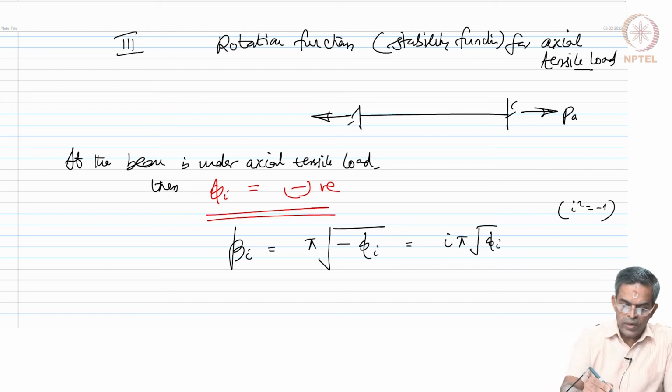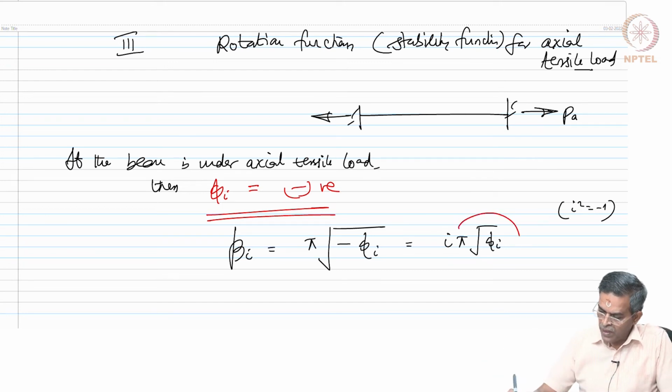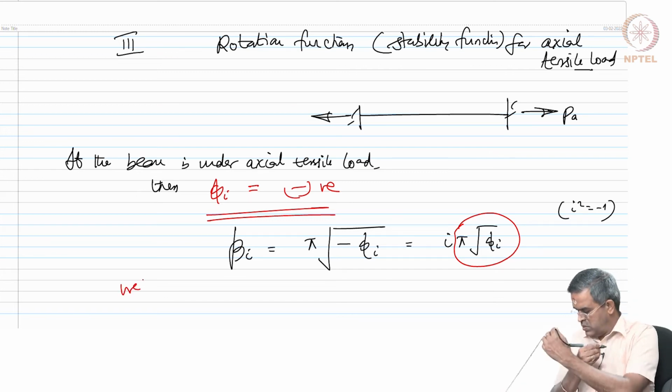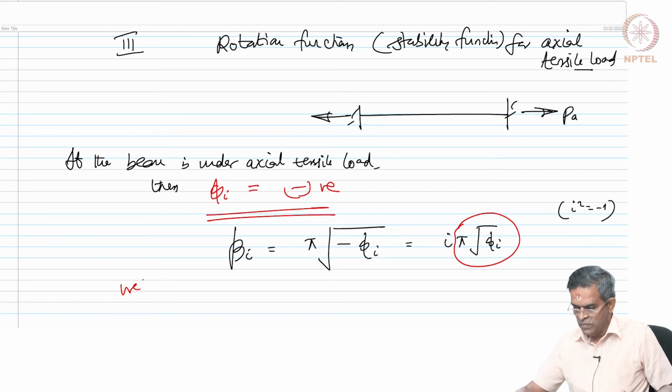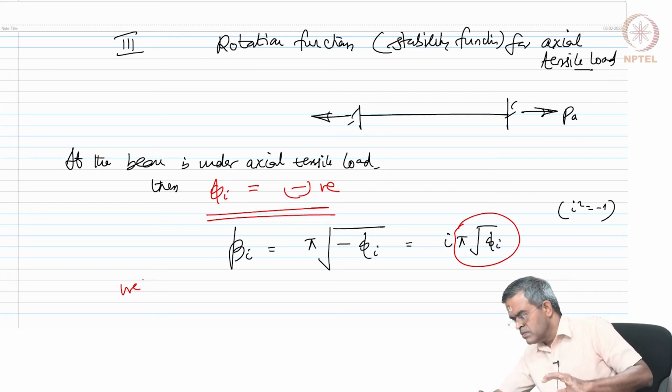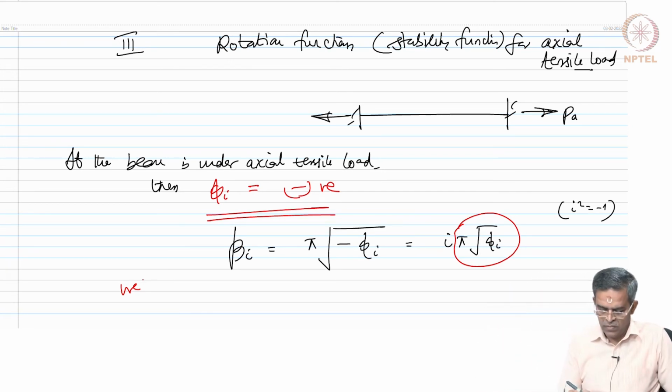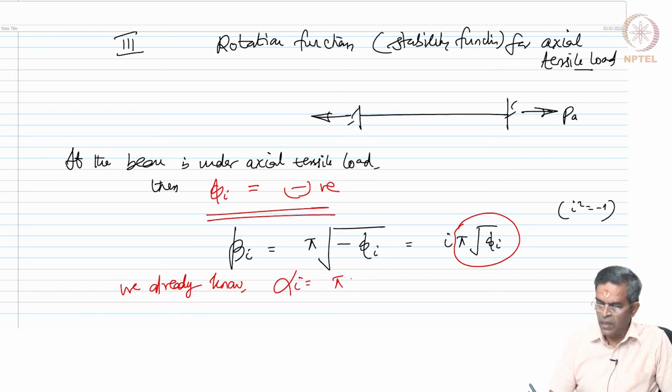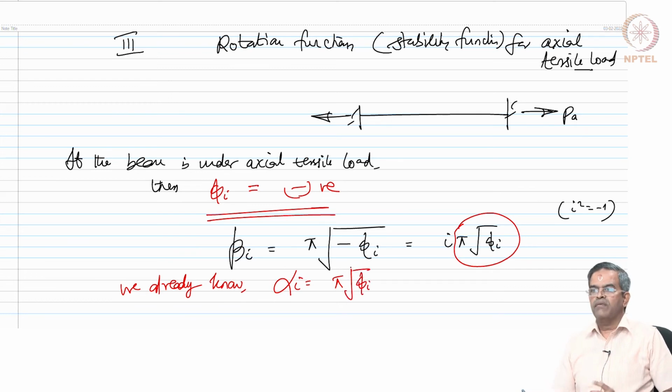We already know, friends, this pi root phi I is alpha I. We have used it in the earlier derivation as well.